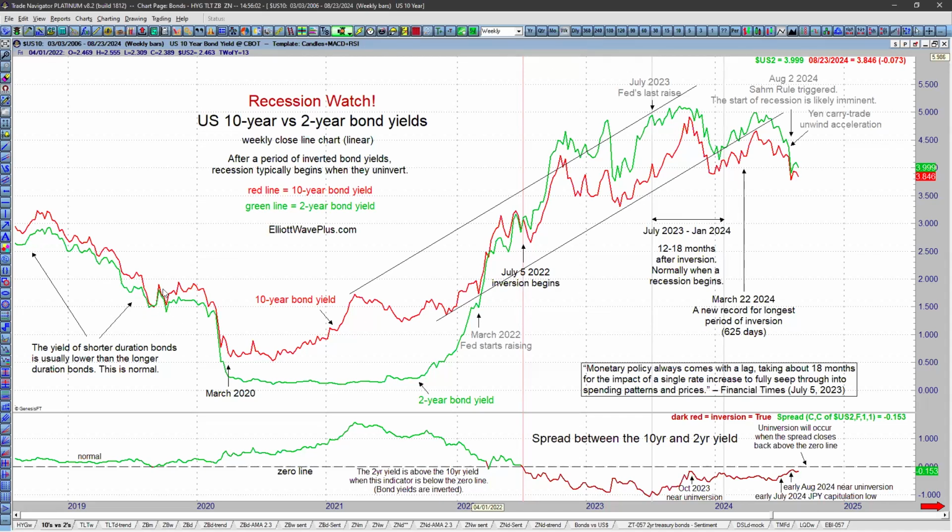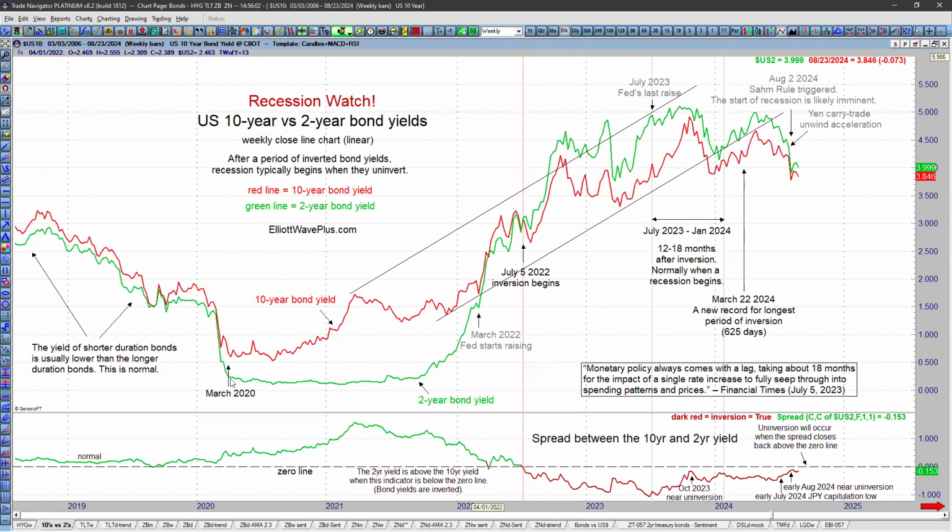That means that if a person was going to loan money over a 30-year period, they would expect a higher rate of return for taking that long of a duration of risk, and they would want a bit higher return annually than they would receive if they only loaned that money out for 2 years versus 10 years.